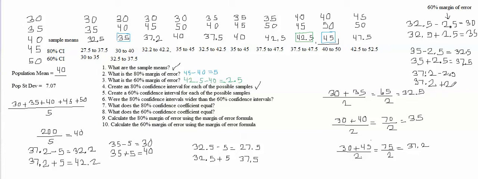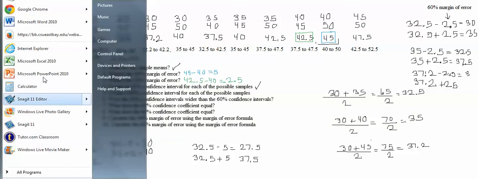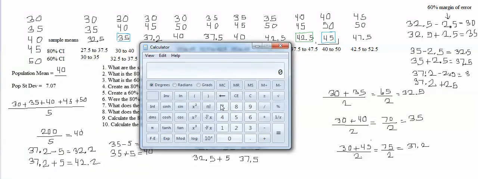This one comes out to 35 when you subtract. I think, actually no, because when you subtract 37.2 by 2.5, you get 34.7.